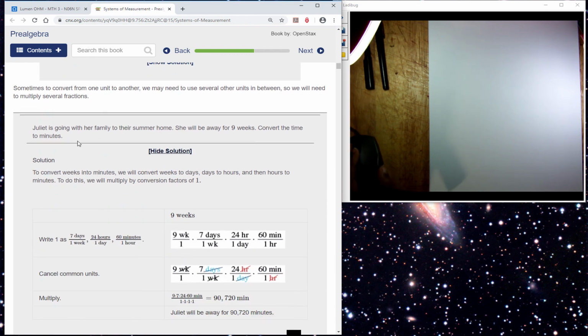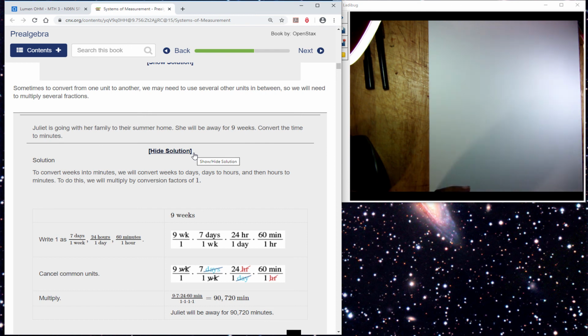So this one here, Juliet is going with her family to their summer home. She will be away for 9 weeks. Convert the time to minutes. Okay. So they want us to convert time, weeks to minutes.